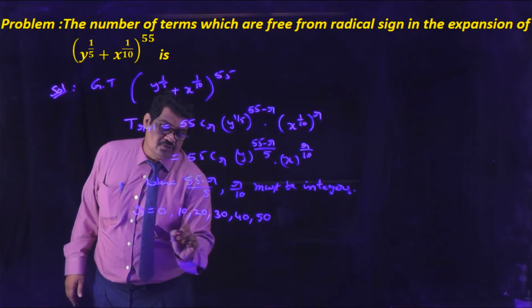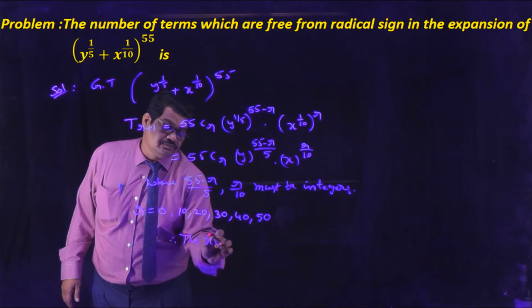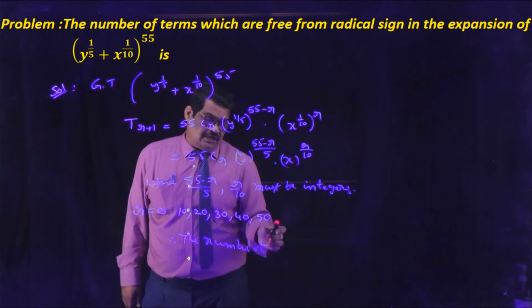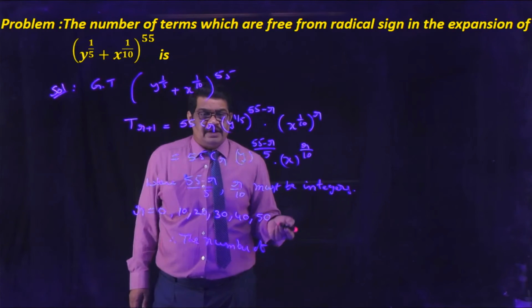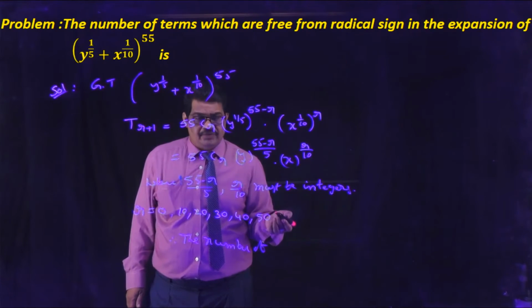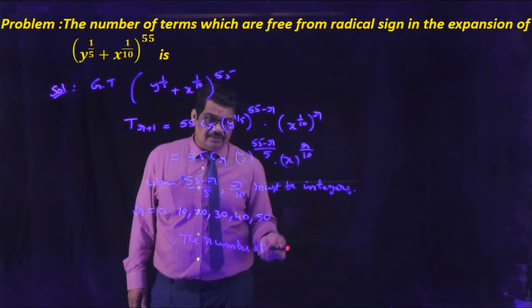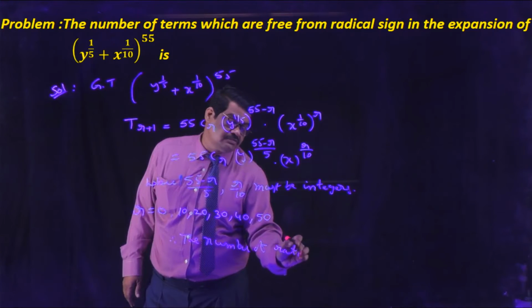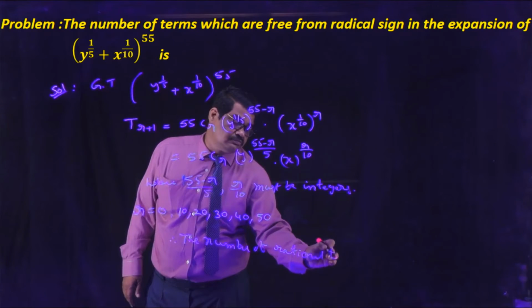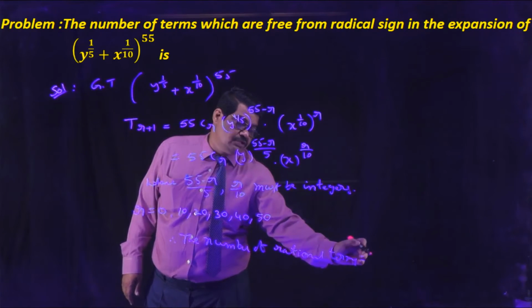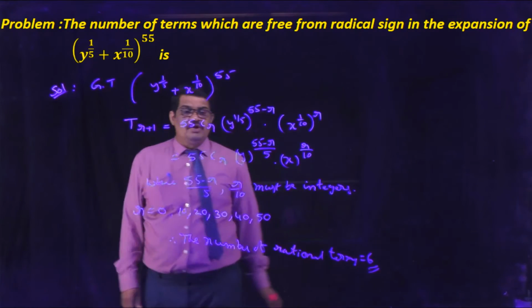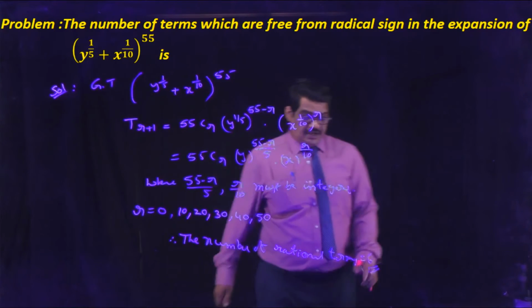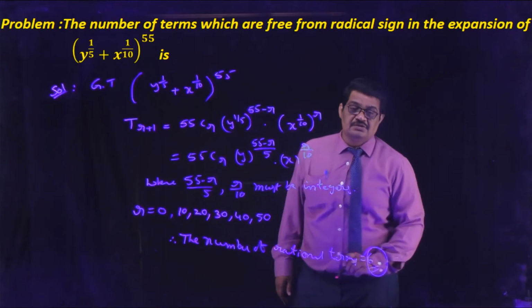So therefore, the number of rational terms, that is, free from radical sign, is nothing but the rational terms. The number of rational terms is equal to 6. That is the number of terms which are free from radical sign. That is the answer: 6.